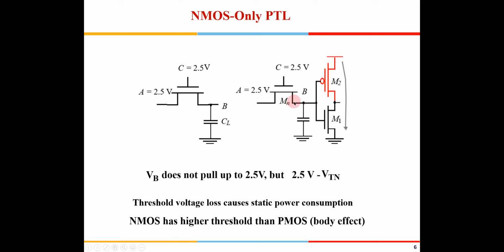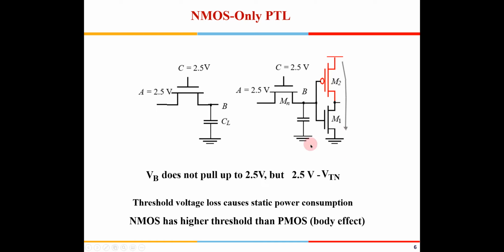So instead of 1 volt, it could be 1.2 volt. If it is 1.2 volt, then this voltage will not be 1.5, and instead it can be much lesser than 1.5 volt. In that case, the gate to source voltage here will exceed the threshold voltage, so this will also be switched on. Is it understood now, Sridhar?